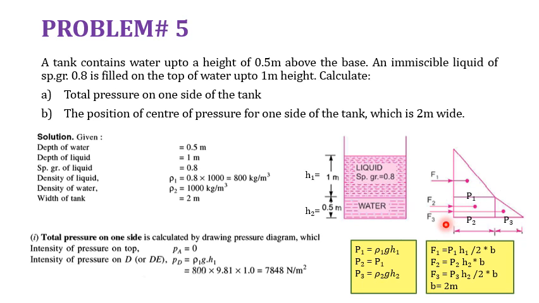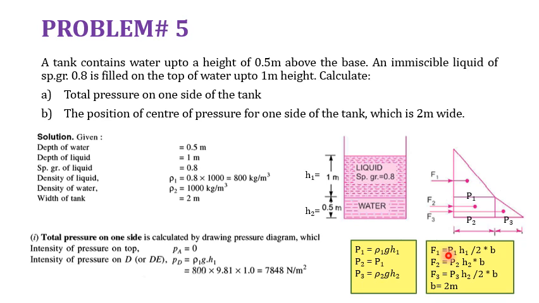Now this P1 pressure is ρ1, the density of the liquid layer, into g into h1, and P2 pressure is equal to P1, and P3 is ρ2 g h2. Now in order to calculate the force, we have to use the area under the pressure distribution diagram.